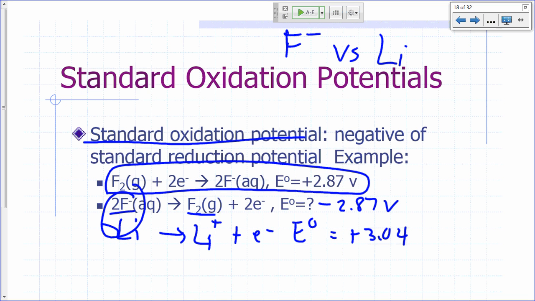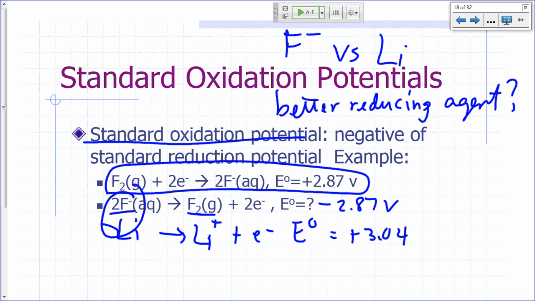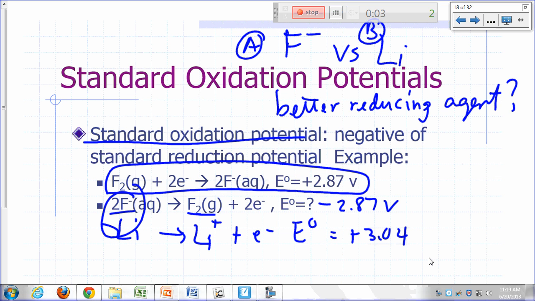So which one is the better reducing agent? Is it A, fluoride, F minus, or B, lithium? Which one is the better reducing agent? In other words, which one has a greater tendency to get oxidized?